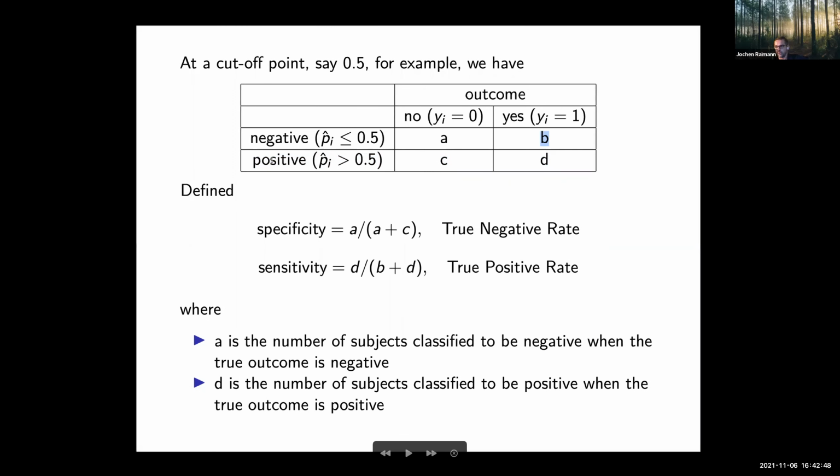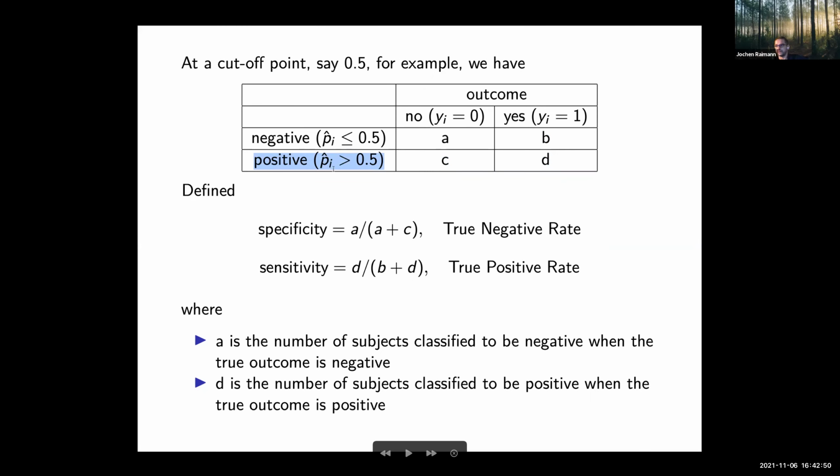So actually we have positive where the p hat i is greater than 0.5. So the probability is greater than 50%, or the odds ratio is greater than 1. So essentially you have here the D as being the true positive, whereas you have the B as being the false negative.